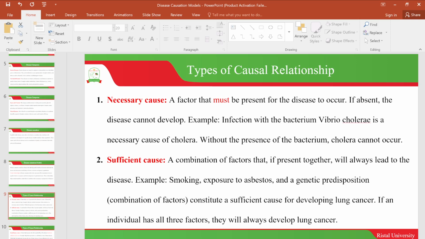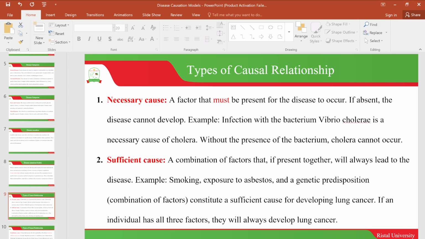Okay, so sufficient cause, for example, when we talk about an individual who has been exposed to smoke, whether actively or passively, and then is also exposed to asbestos, and then has a genetic predisposition to getting, let us say, lung cancer. So this is to basically say that when you have all these exposures in an individual, it is likely that they will get the disease, which is lung cancer in this case.